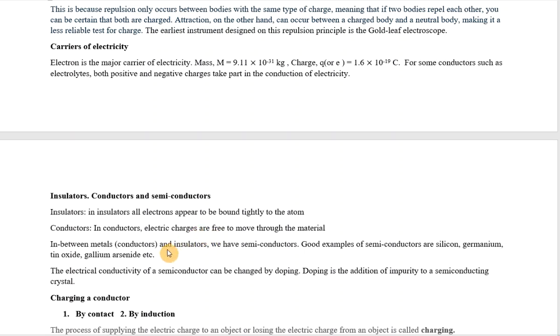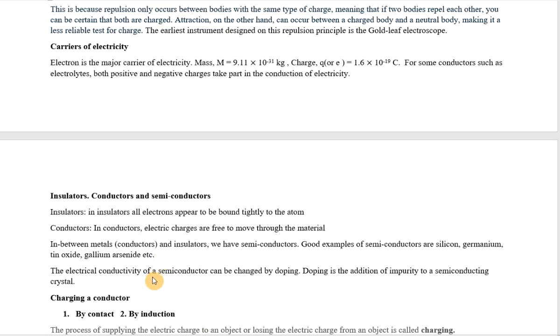So when we have metals that are conductors and insulators, materials that are in between these conductors and insulators, we call them semiconductors. They are partly conducting and partly insulating. A good example of this is silicon. Another one is germanium. We have tin oxide, gallium arsenide, etc.